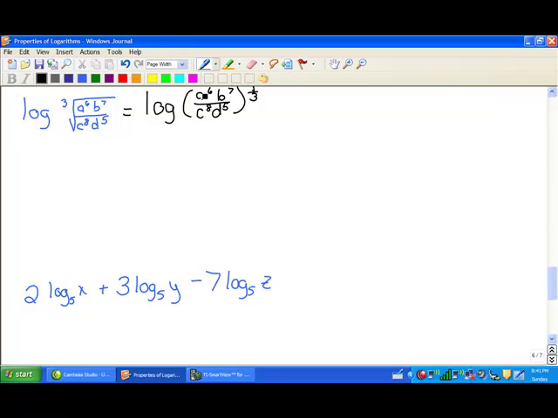Instead of the cube root, I'm going to take what's underneath the radical, or the radicand, and raise it to its exponential power. Now I'm going to clean up those exponents.